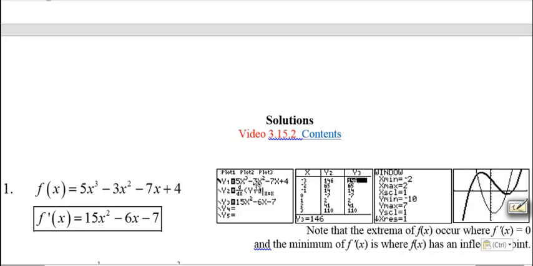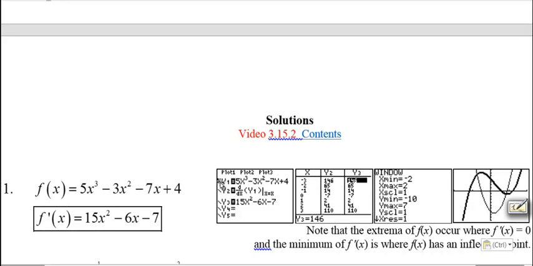You find that derivative once again under math, and it should be the 8th one down. Then let y3 be your answer, 15x squared minus 6x minus 7, and make sure the tables for y2 and y3 are the same. Arrow over if you need to make sure you're looking at the tables for y2 and y3, not y1 and y2. And sure enough, they match up just fine.